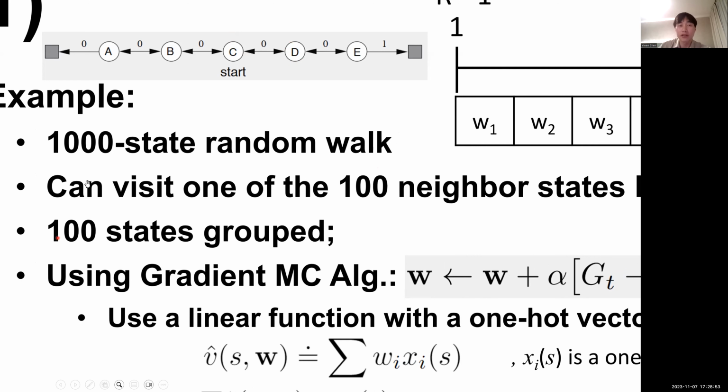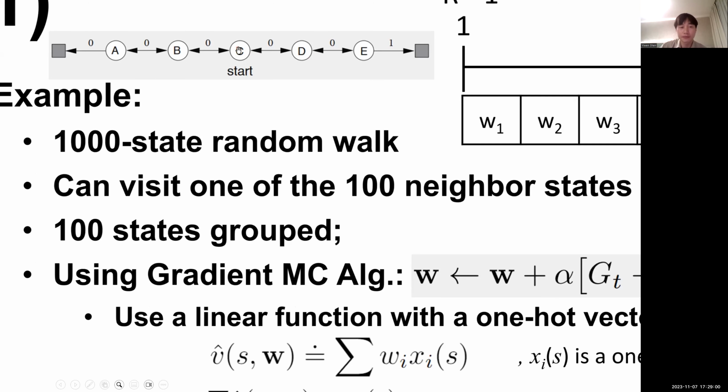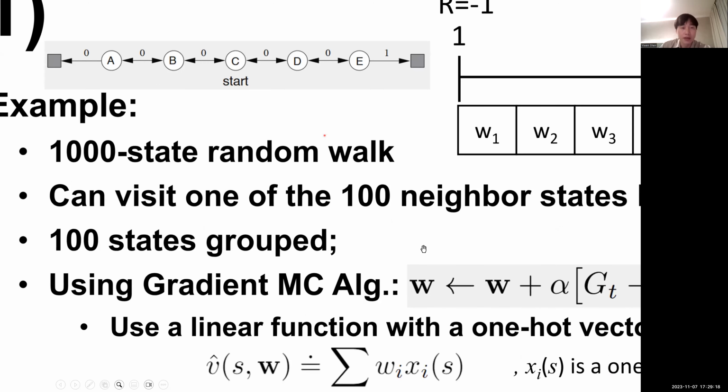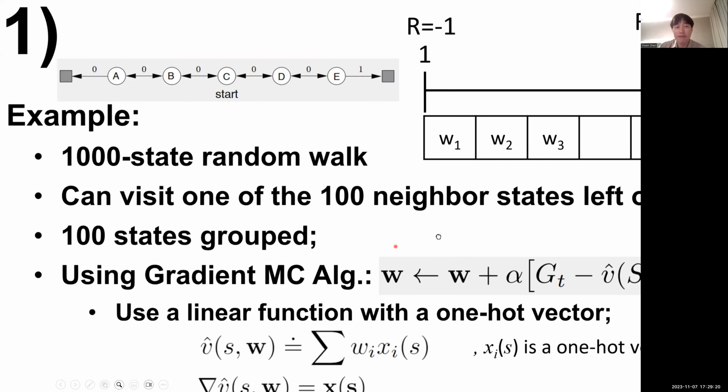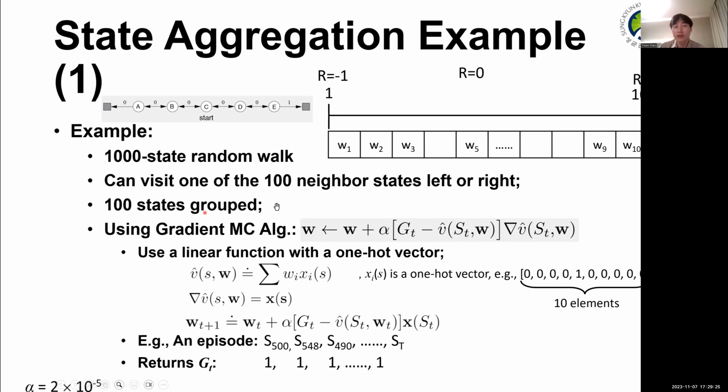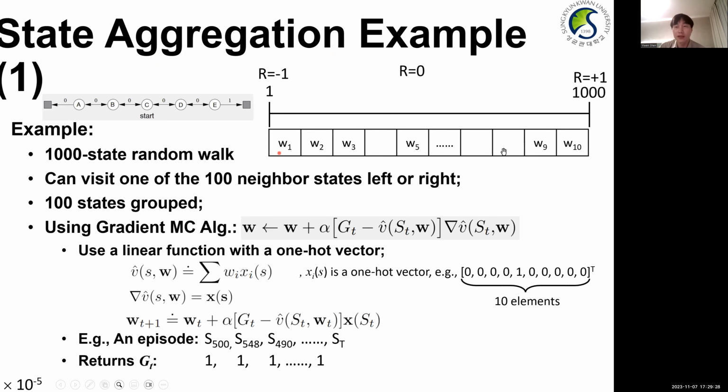So if you are in a state, you can choose to jump to one of the 100 neighbors on the left, or one of the 100 neighbors on the right. In this setting, we can group each 100 states together, so W1 to W10.